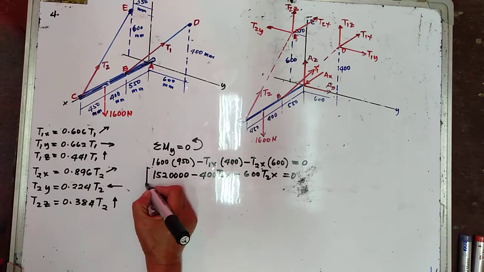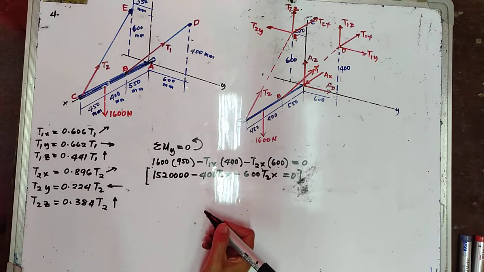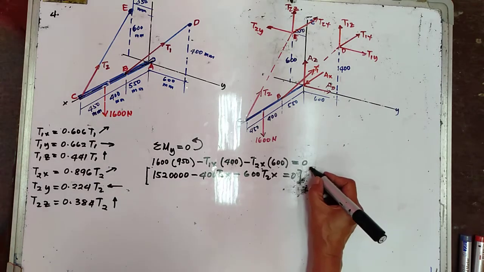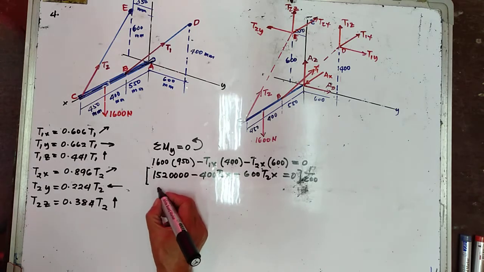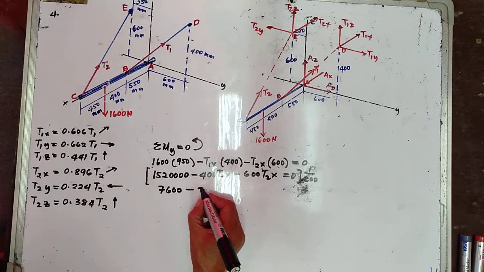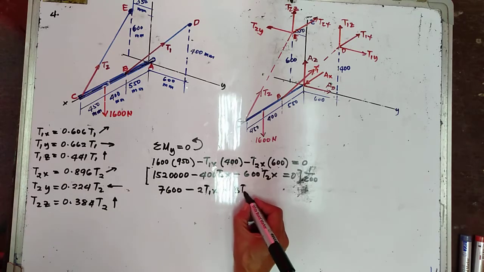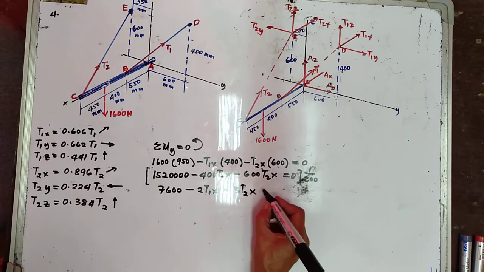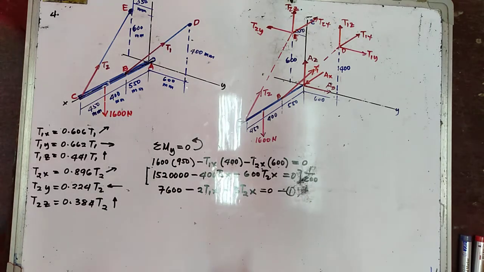If you multiply both sides of the equation by 1 over 200, this will become 7,600 minus 2T1X minus 3T2X, and this is equal to 0. Let's consider it as the first equation.